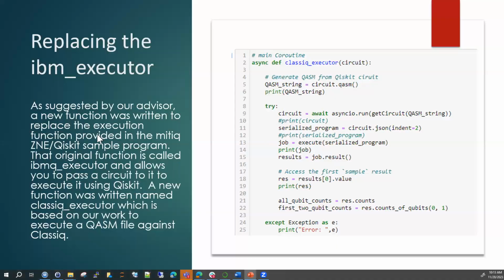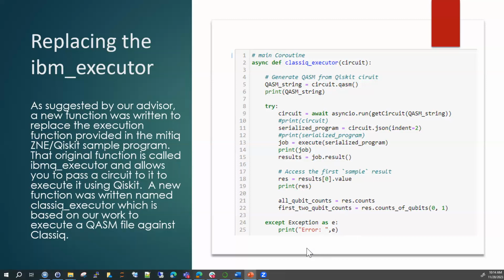So what we did is we took what is currently included in MIDIC, the MIDIC example that has what's called the IBM executor or Qiskit executor. So we replaced it with this Classic executor. And all it is basically, we'll run the Chasm code against Classic versus IBM's backends initially.